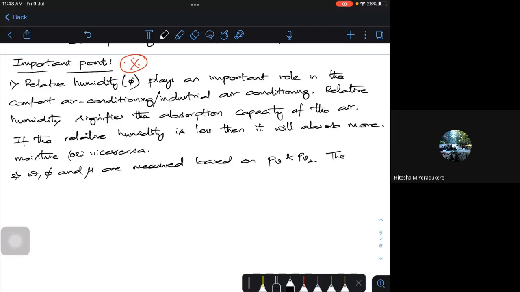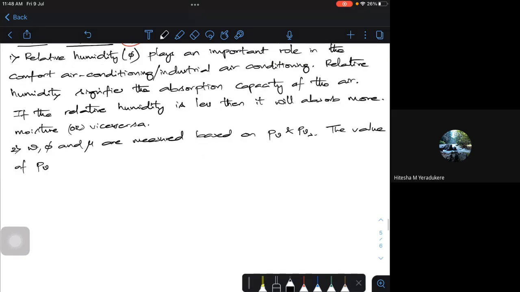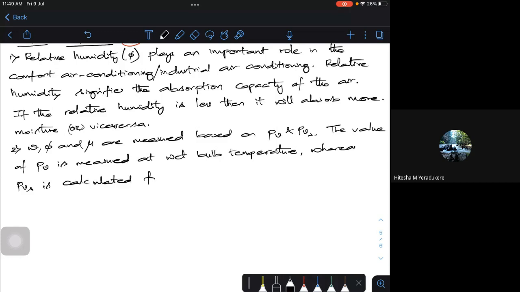The value of partial pressure of vapor, PV, is measured at wet bulb temperature, whereas already we have seen PVS is calculated from steam tables at dry bulb temperature.